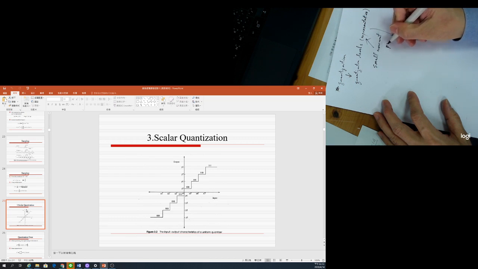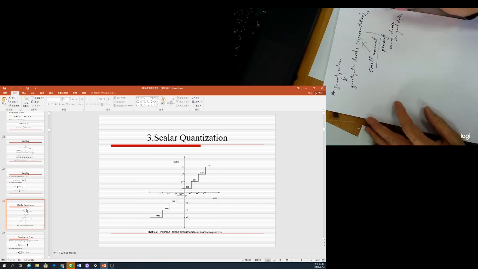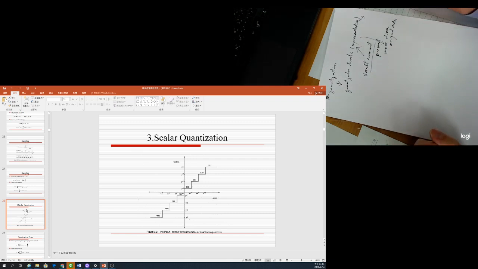You try to use a small number of representative values to represent the more diverse original data. So it looks like we make some data loss. So quantization indicates we have loss.